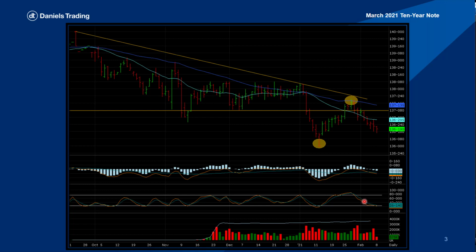Right now the momentum is pretty much dried up here near the oversold level. This is my MACD indicator. So I'm waiting for the market to, again, find its footing and start to hook over to the upside. I want to see these indicators hook up to the upside.